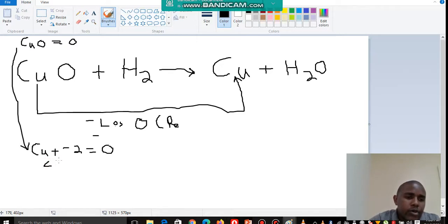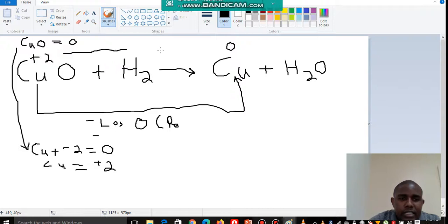We say copper will be having the oxidation state of what? Of +2, because this -2, when it crosses the equal sign, it will turn out to be +2. And the oxidation state of copper as an element is always equal to 0. So we have oxidation state of copper being +2 in the copper oxide, and it changed to 0. So that one is termed as what? It's termed as reduction, because it's a decrease in oxidation state.